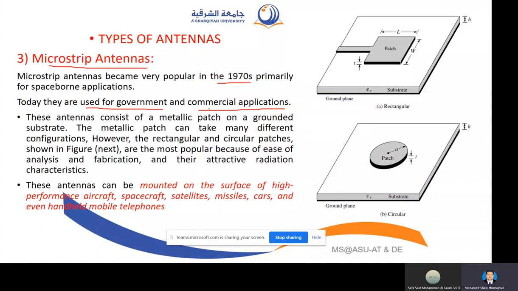Some examples of commercial applications are your mobile phones. In all mobile phones and any other handheld communication devices, you will see microstrip antennas on them. They are very small in size. Maybe in yesterday's video also you noticed that those antennas were very small in size.